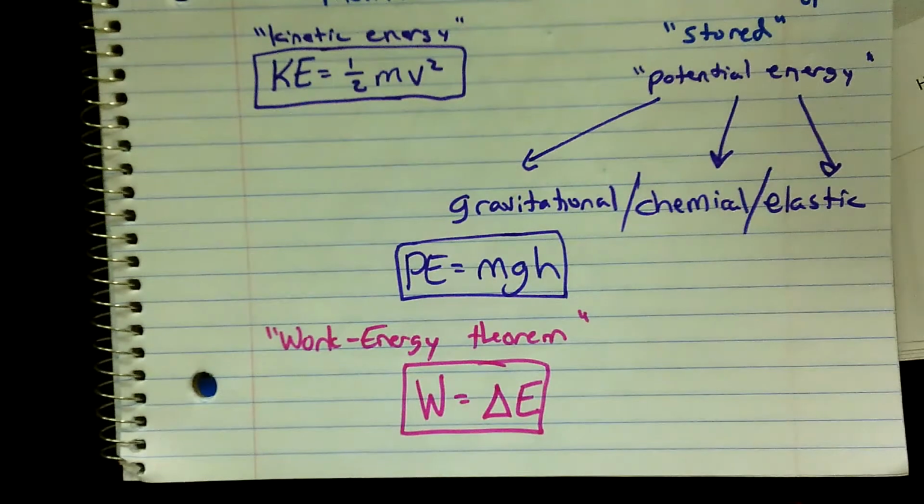So we now have five equations. We've got the work equation, the power equation, kinetic energy, potential energy, and now this work energy theorem equation. What I want to do next is spend some time trying to apply these to different situations. So I'm going to start by handing this out.